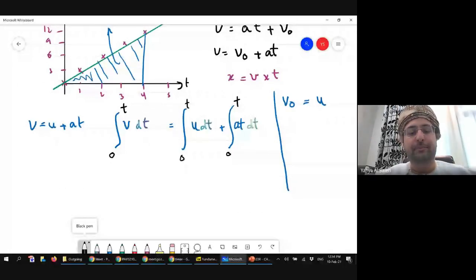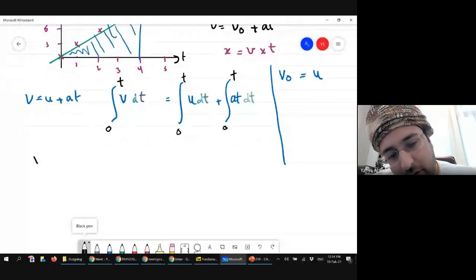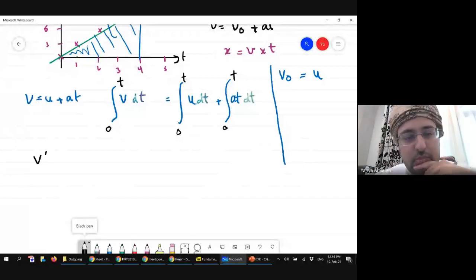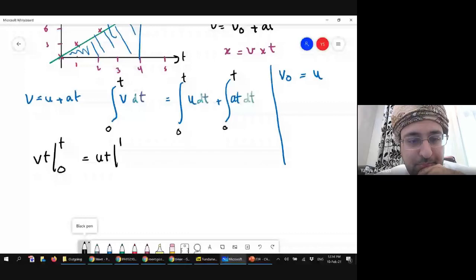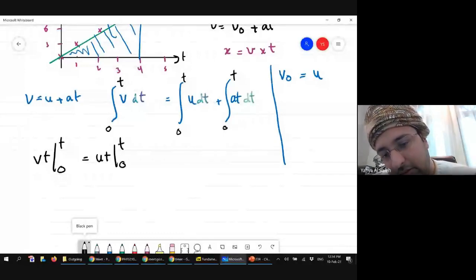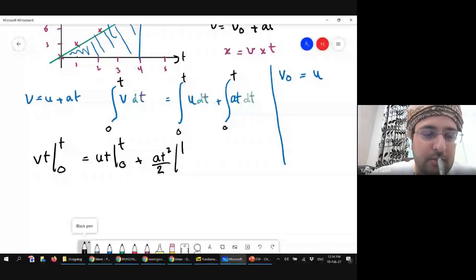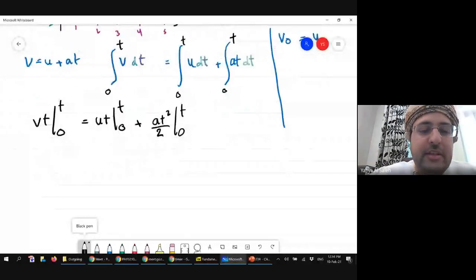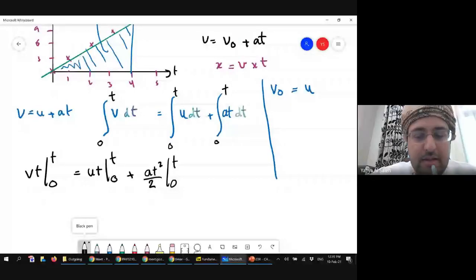Okay, let's do it. The integral of V dt will give me Vt from time t to time 0 equals ut from time t to time 0 plus at squared over 2, from 0 to t. Right? What did we say Vt is? X. X, right?